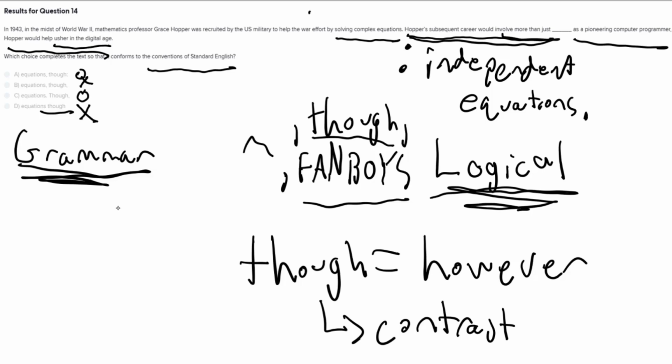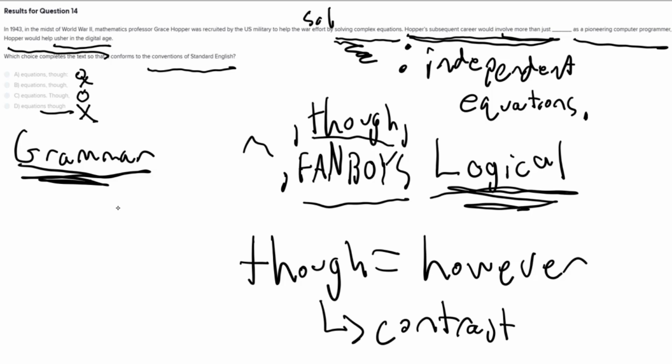The first sentence basically says she's solving complex equations, which we highlighted here. So it says Hopper's subsequent career would involve more than just equations, though. If we put the though there, it would be contrasting this idea that she's only solving complex equations, which I kind of like. She's not just solving complex equations, so it's basically contrasting.